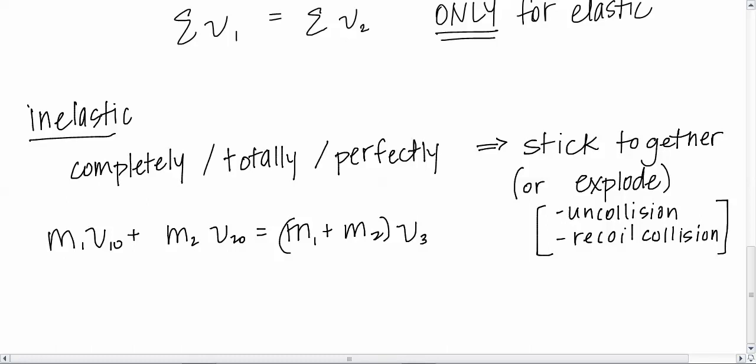Or maybe our objects start out together in the case of an explosion like fireworks, and they're moving at a common velocity. I'm going to call V3 again, but it's the initial. And then they explode apart into two pieces or more pieces. I could have M1V1 plus M2V2 plus M3V3 plus M4V4. I hope you get the idea there.